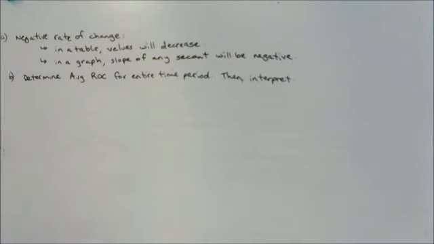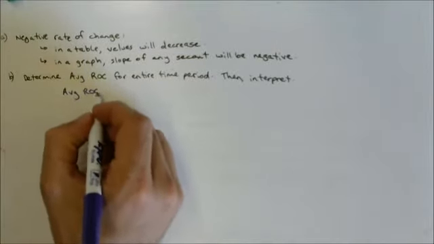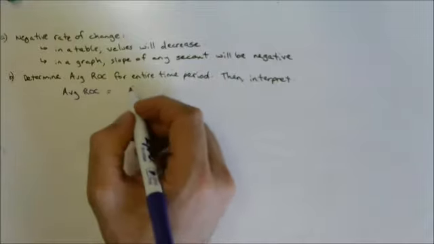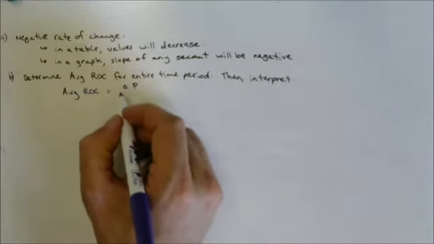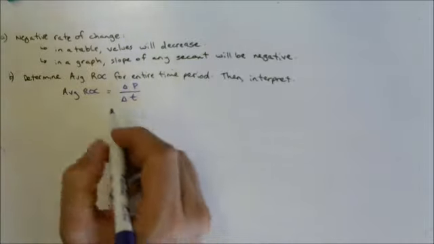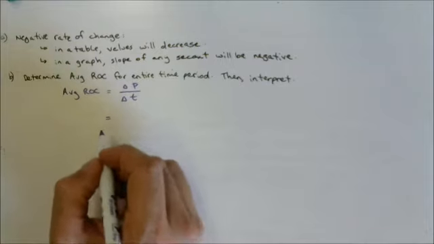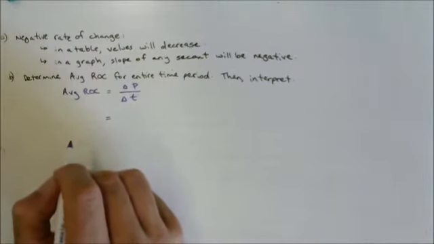How would we determine the average rate of change for the entire time period? We use our formula. It's the change in the dependent variable, which is population, over the change in the independent variable, which is time. And we're doing the whole time period, so we're going all the way from 0 minutes to 7 minutes.